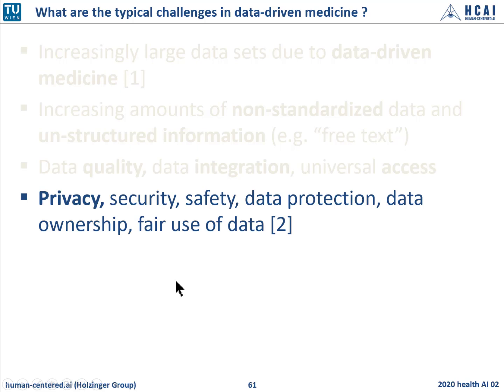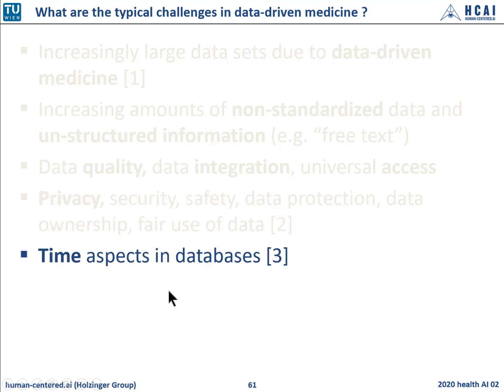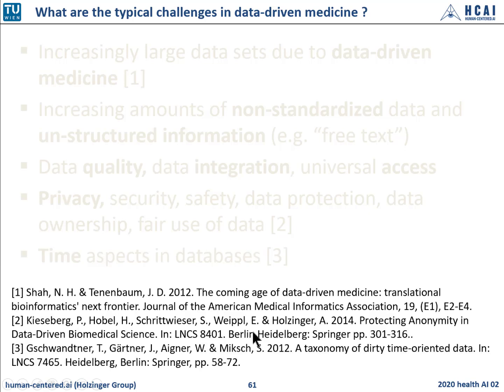Many unsolved problems in here. Time aspects are often ignored. Medical diseases, and now also this COVID pandemic, are a very good example of the development of a disease over time, and you see how important time is. Time is often ignored in data, and therefore time aspects are of utmost importance. This is really very essential.